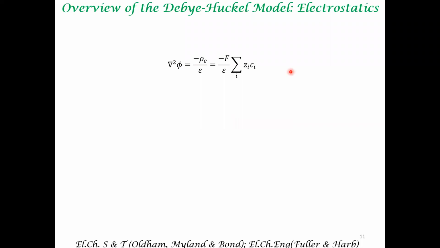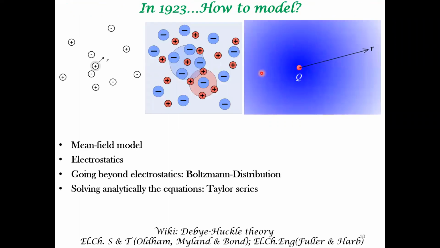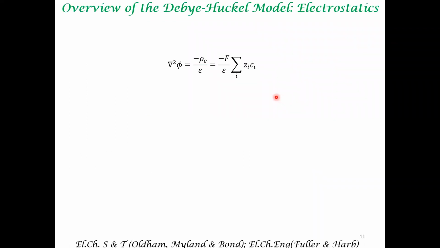So I can define a field here. If I'm drawing a sphere here, like I would use in a Poisson equation, del squared phi will depend upon the charges that are present, so that will depend upon rho i. That's where the connection with electrostatics is made.